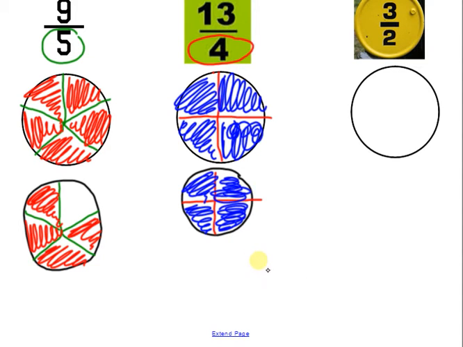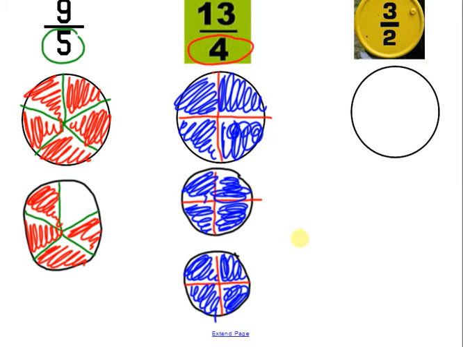It looks like I need another circle. Okay, so I was on 8, 9, 10, 11, 12.